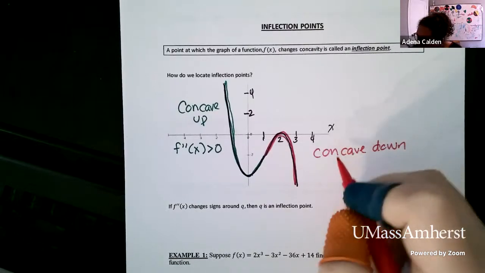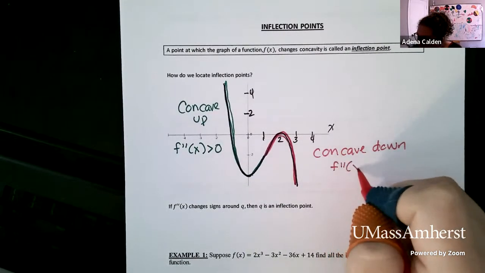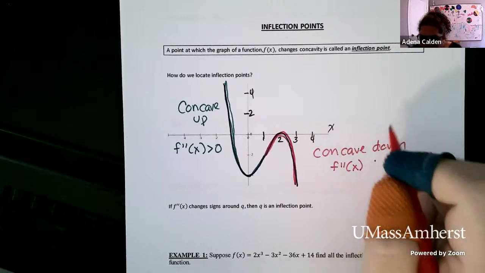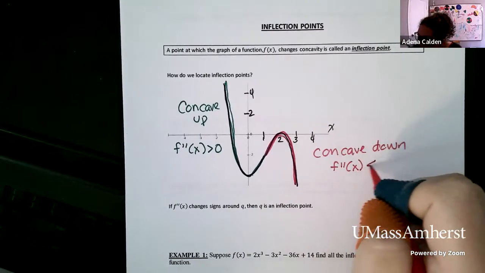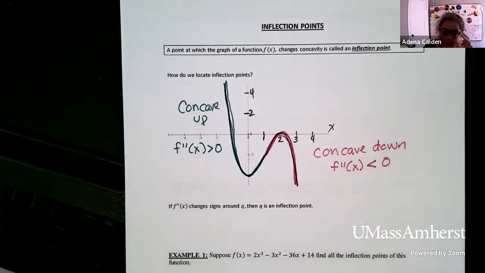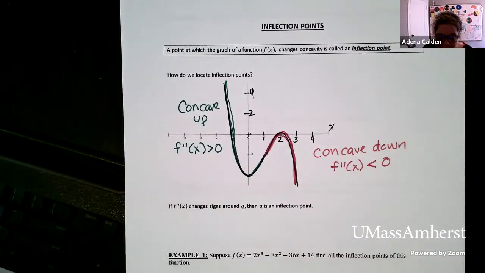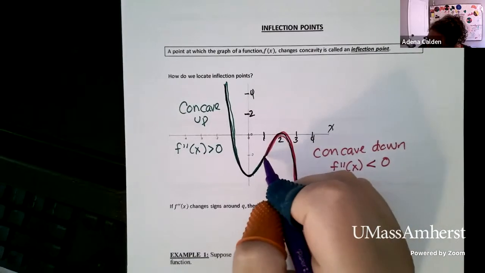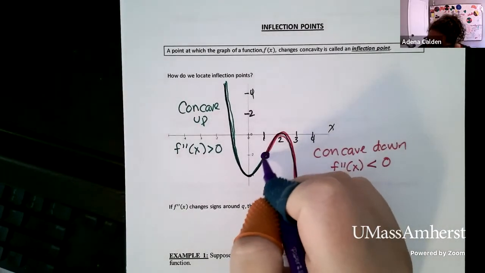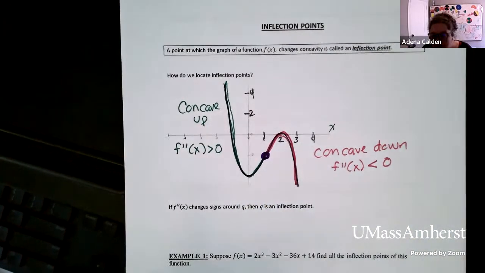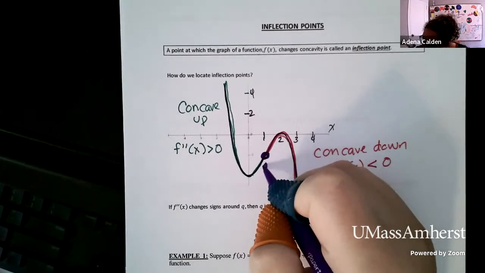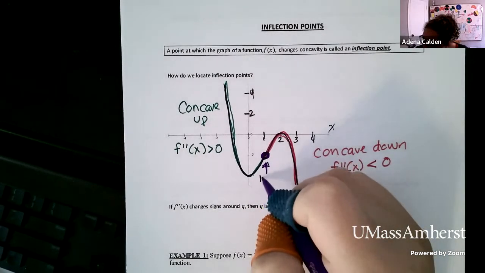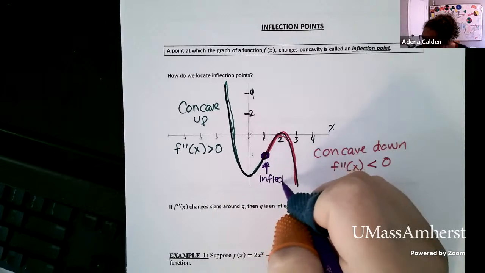And we know from previously that the relationship is that the second derivative is going to be negative where our function is concave down. And so our inflection point comes in right about here, where we're going to change from concave up to concave down.